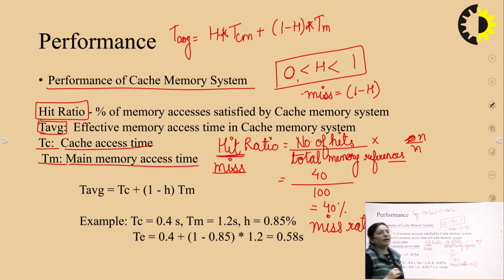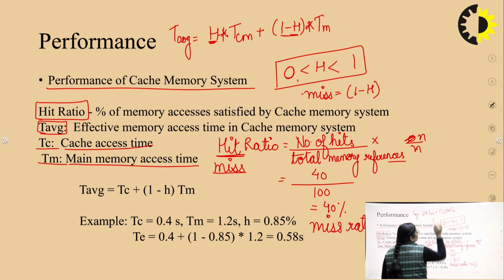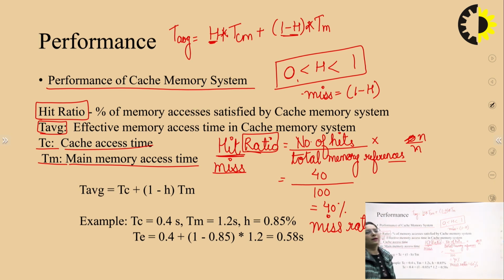So the total time in this case will be h times TC will be taken to get the data, and if it is a miss, then TM time will be taken to get the data from the main memory. Now it should actually be divided by 2, but since we are already using h as a ratio, we are not dividing it by 2.